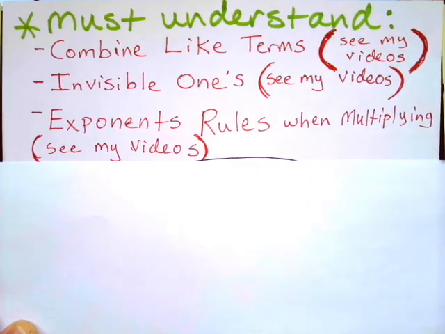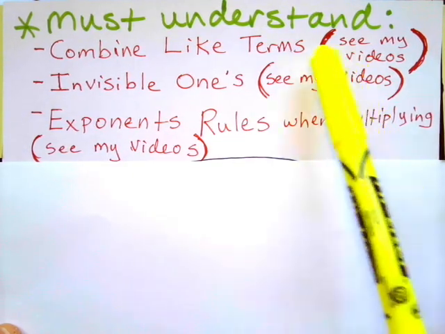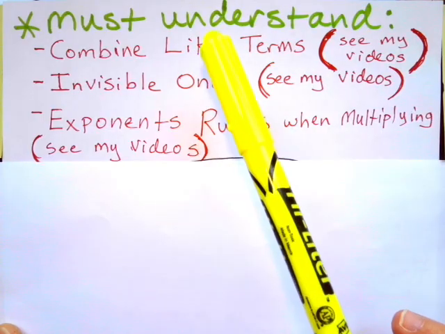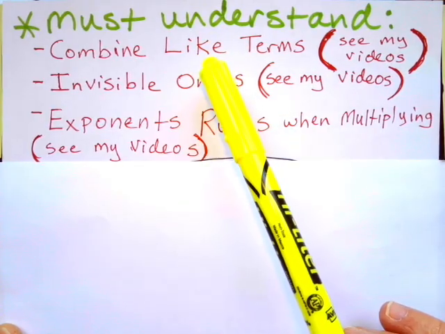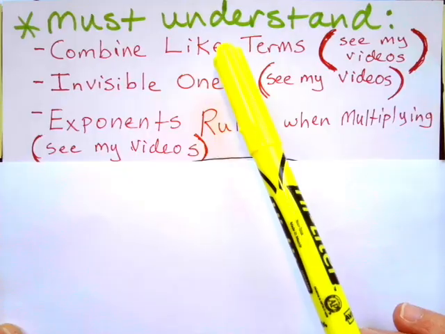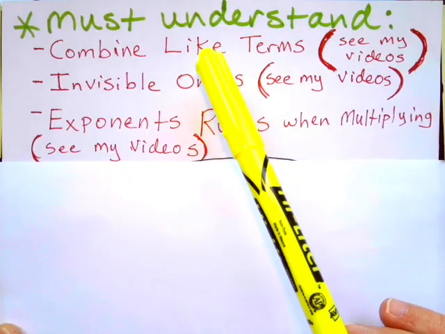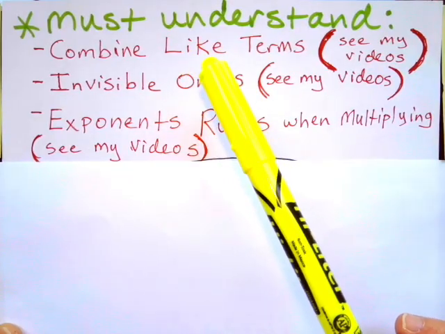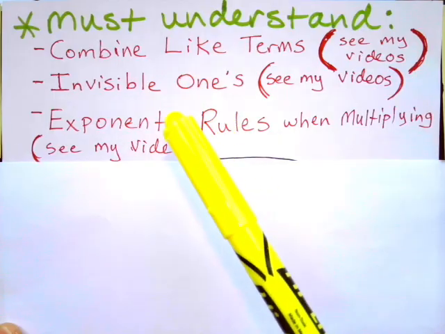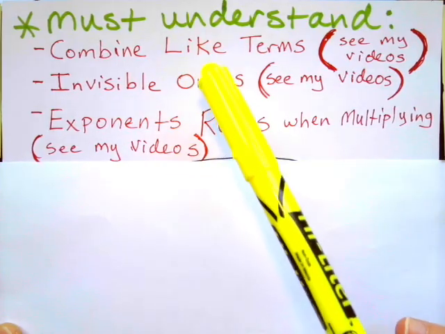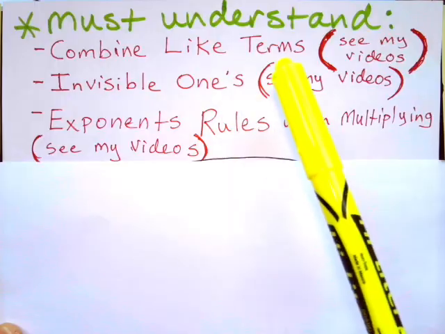I've created an in-depth video on understanding like terms versus non-like terms. Just real quickly, like terms have the same letter, that's a variable, and they have the same exponential power. Of course, constants like 1, 2, 3, whole numbers, those are also considered like terms. So you can only combine, add or subtract like terms.